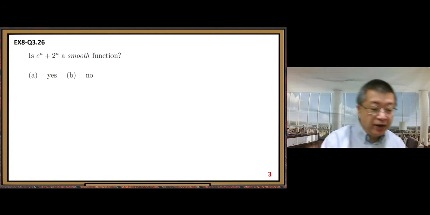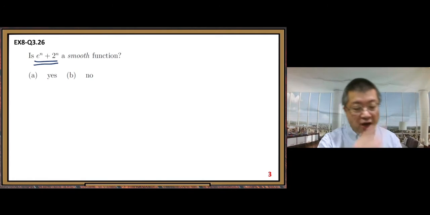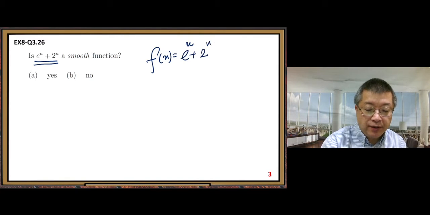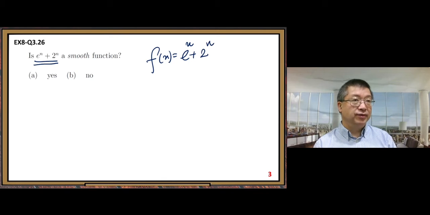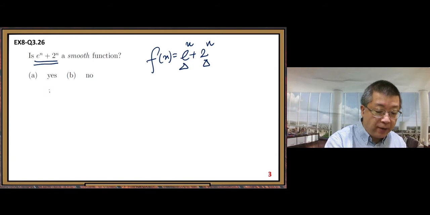This time I give you a much harder function. This time f of n equals e to the n plus 2 to the n. Two terms.